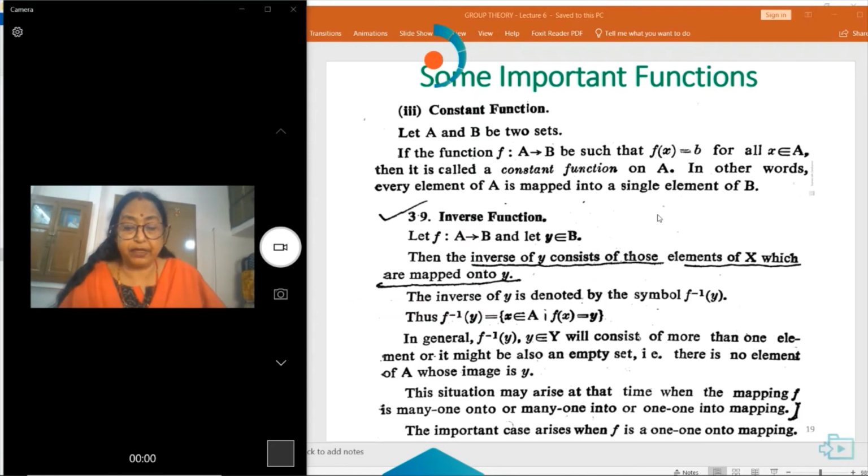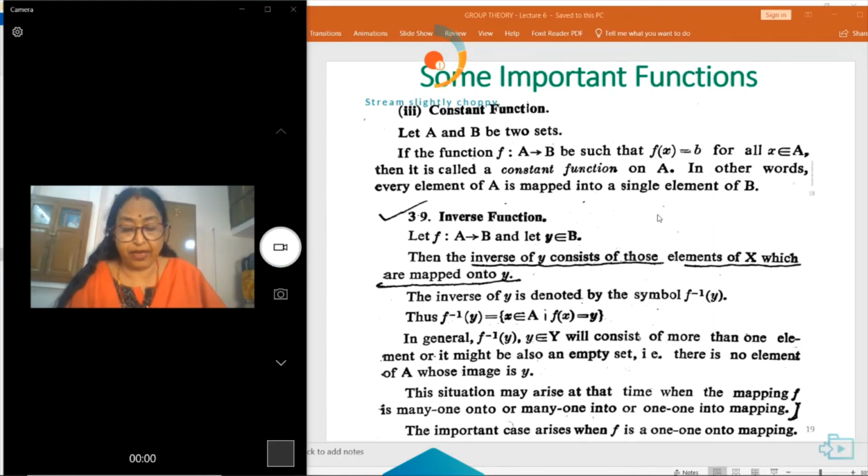Now the inverse function. Let f be a function from A to B. Let x belong to A and y belong to B and y is equal to f(x). Then the inverse of y consists of those elements of A which are mapped onto y. It is denoted by f inverse of y. The function f inverse of y is equal to the set of x such that x belongs to A and f(x) is equal to y.